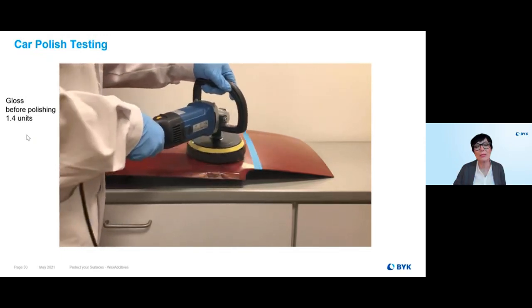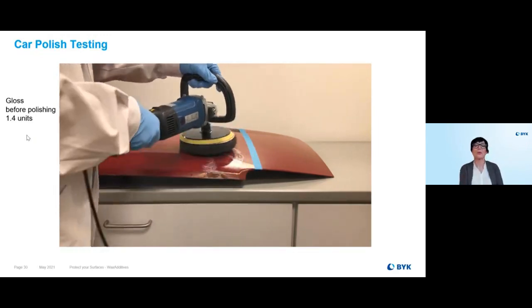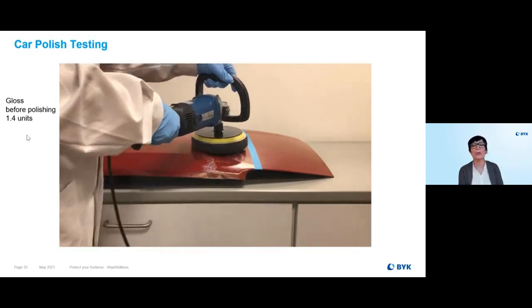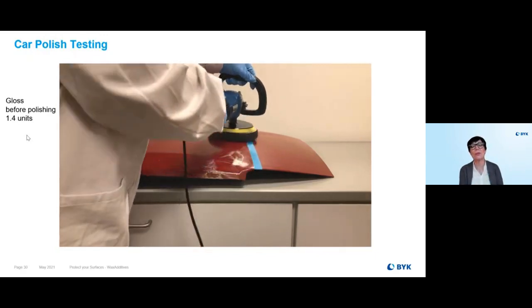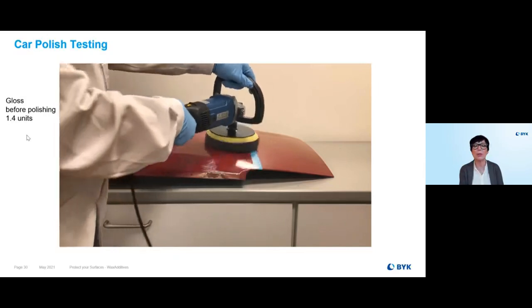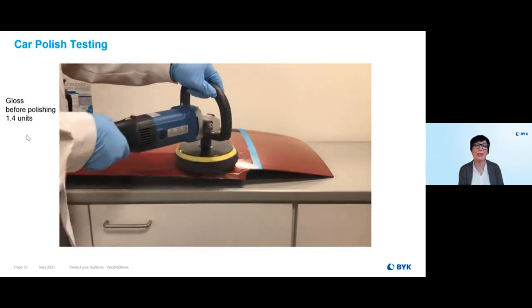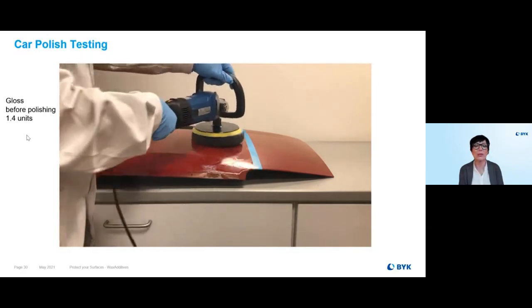And that of course will result in, first of all, cleaning the surface. So of course we have abrasives here in the product which will give a smooth surface, and even with the wax inside you can increase the gloss.